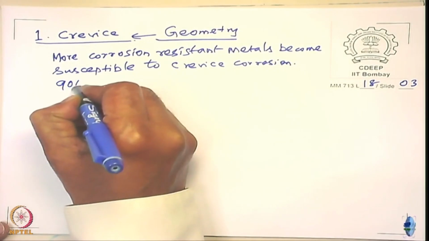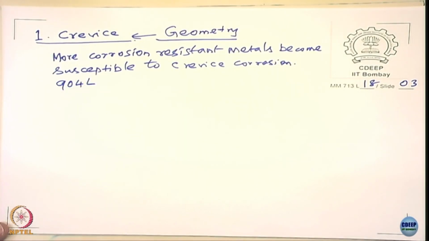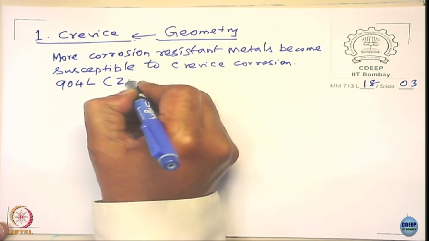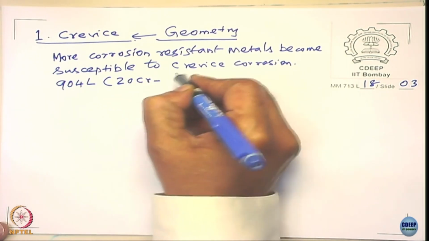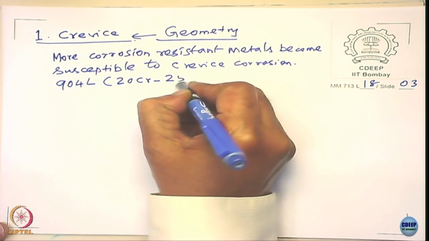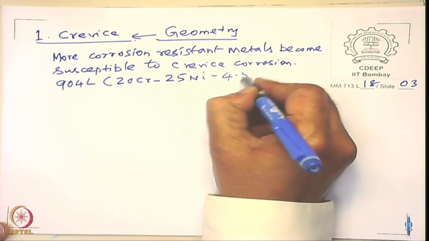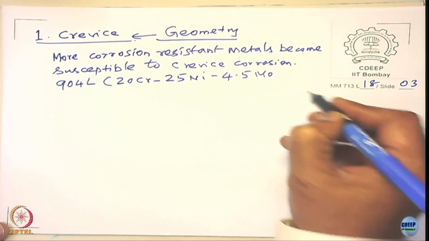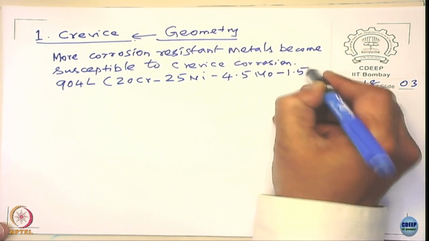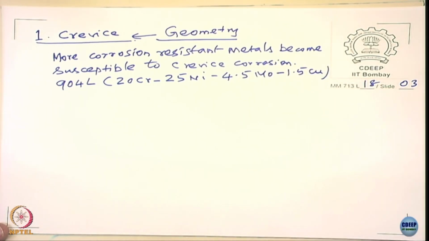For example, 904L is a stainless steel. It has, let us say, 20% chromium and 25% nickel, 4.5% molybdenum and 1.5% copper. It's supposed to be far better than 316, 317 stainless steels.